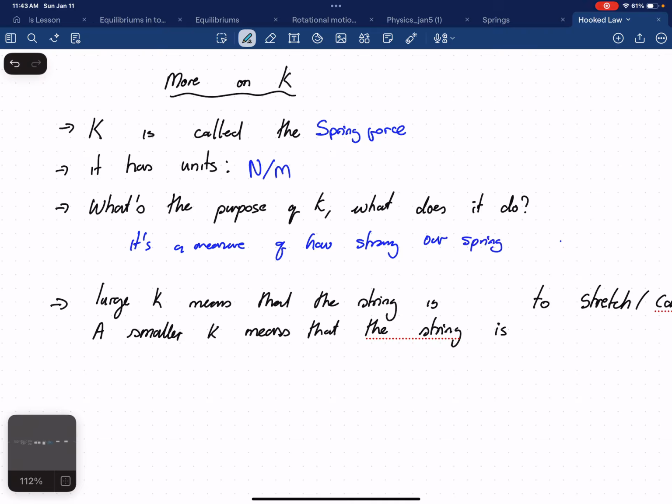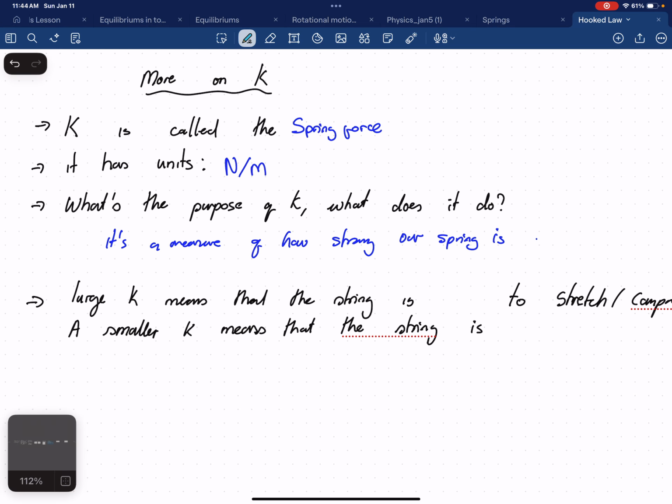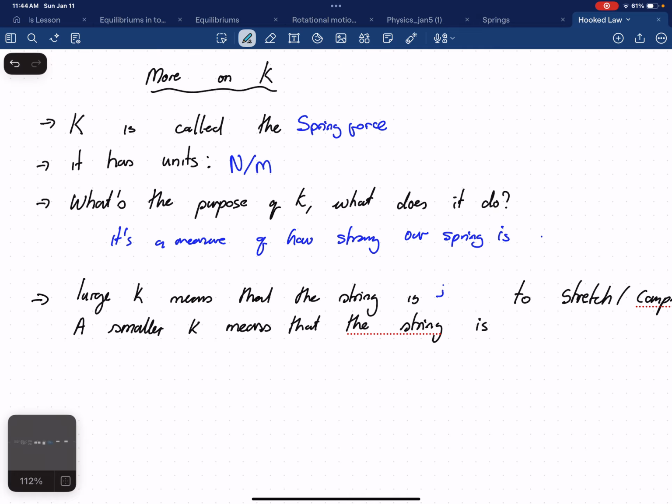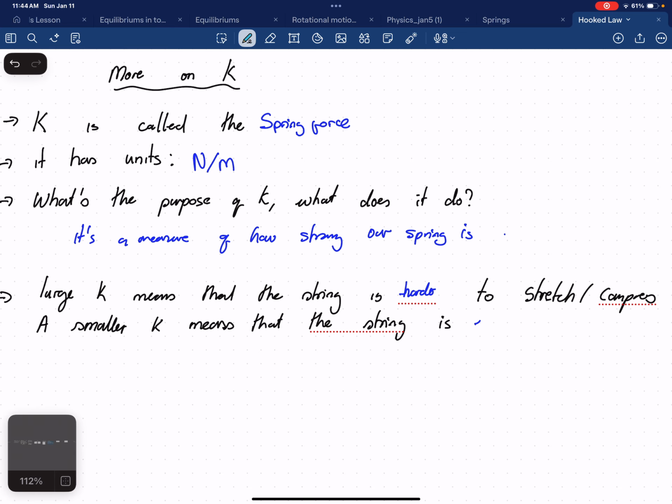A larger k would mean the spring is harder to stretch or compress. A smaller k would mean the spring is easier to stretch or compress. So that's really about k.